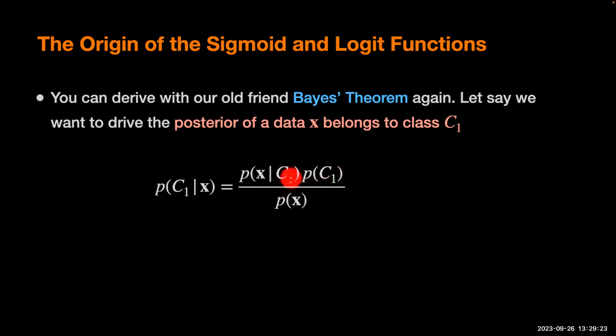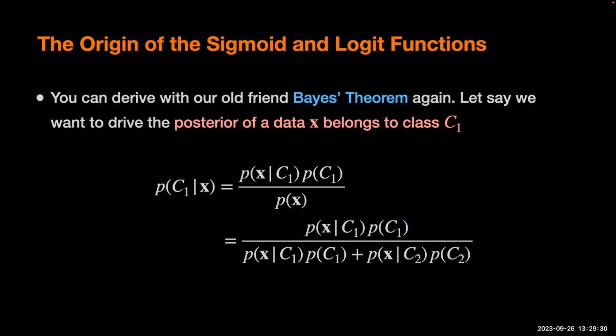I can also further expand the denominator because the denominator is a marginal distribution of X. If I have two classes, I just need to sum up the two cases, right? Remember, the chance that I bring an umbrella is equal to the chance that I bring an umbrella given that it rains times the prior that it rains, plus the chance that I bring an umbrella given that it does not rain times the prior that it does not rain. Since I have two classes, I only need to sum up two options.